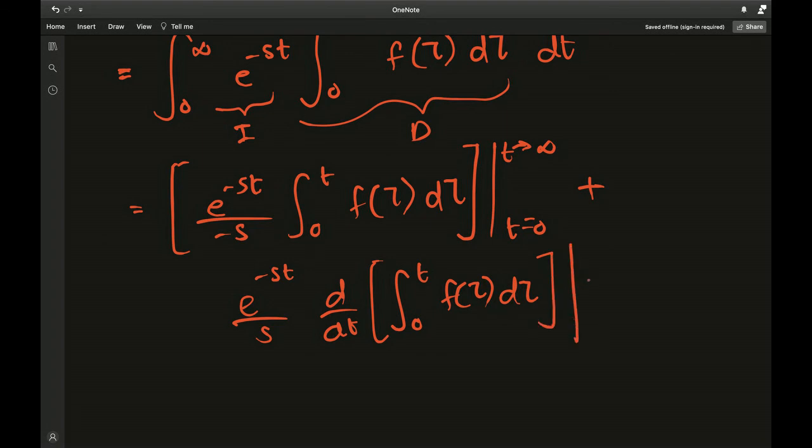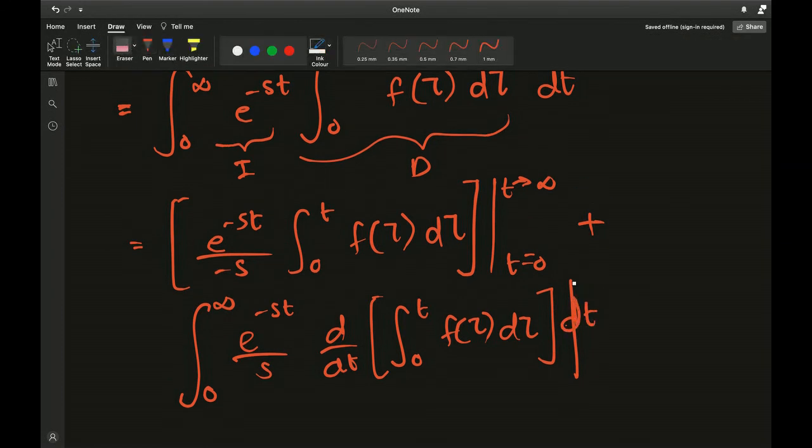We don't need to evaluate that because it's inside an integral from 0 to infinity of dt. Just erase this part. That's why you should be careful while writing this stuff.